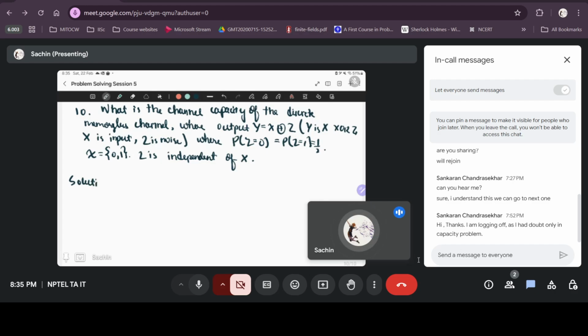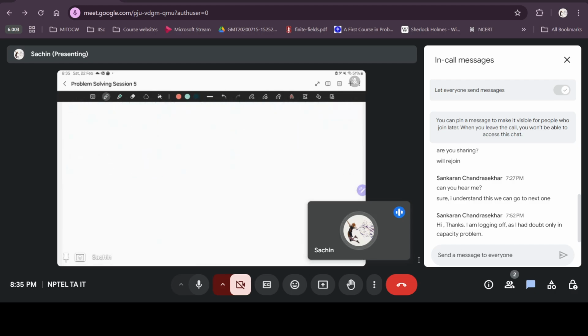Similar to the previous problem, x and z can take four different values, but y now is x or z, so it's 0, 1, 1, 0. It can take only two values. And the transition probabilities are: p of y equals 0 given x equals 0 is the probability that z is equal to 0, which is half.